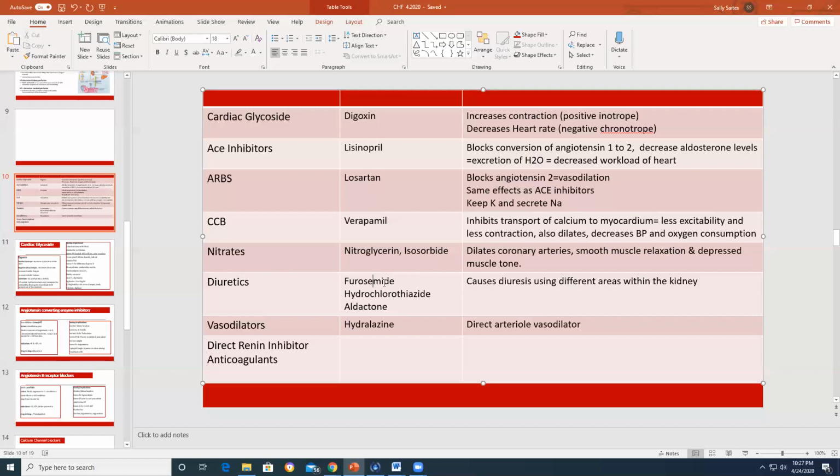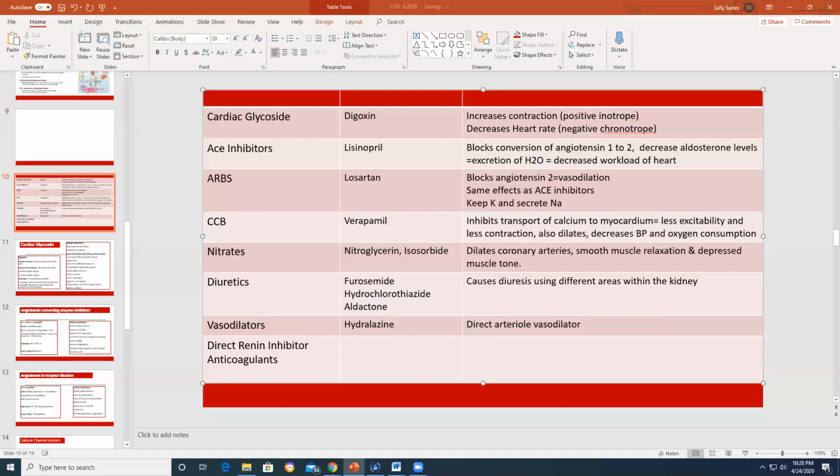Diuretics, so our loop diuretics, thiazide, and then our potassium sparing, causing diuresis in different areas of the kidneys, so decreasing the fluid, therefore decreasing our blood pressure, therefore decreasing the workload of the heart. We have vasodilators, specific, so direct vasodilators, one of them is hydralazine, really, really good drug, and it's a direct arterial vasodilator.